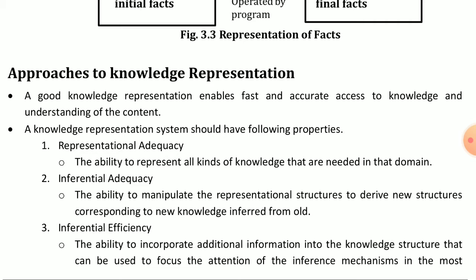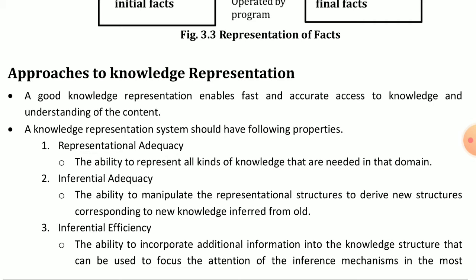Here we can find out the representational structure, how we can represent the data, and then find out the new structure from the old. We can use old data and generate new data from that old data. This is the second property.